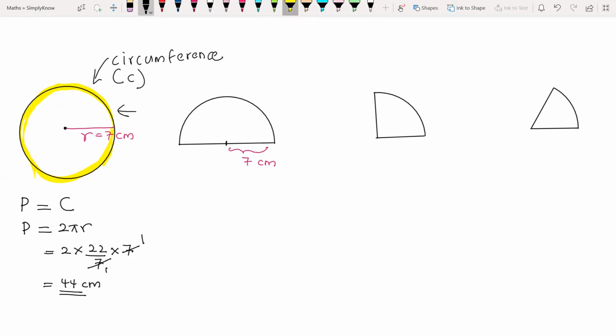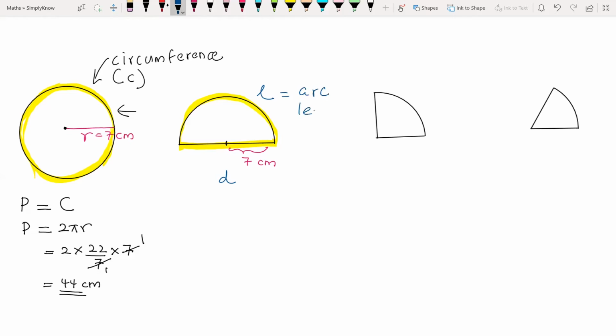Again, we need to find the outline of this figure. We need to have this length, and we know that this is the diameter of this circle. Let's call it D. And this curvy length, let's call it L. Remember, the length of this curve is called arc length.